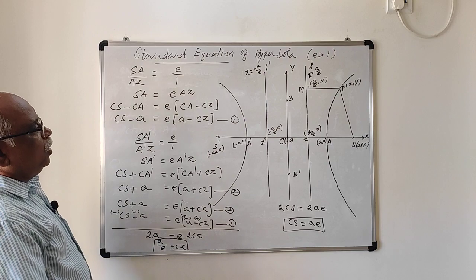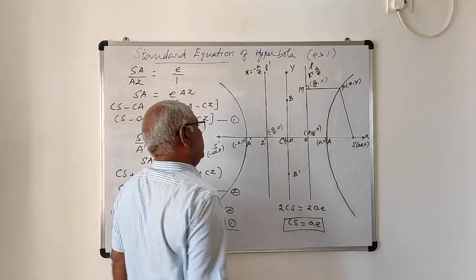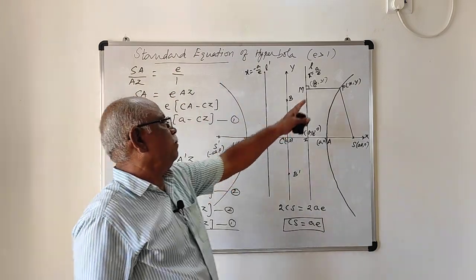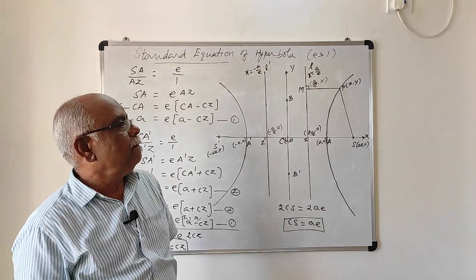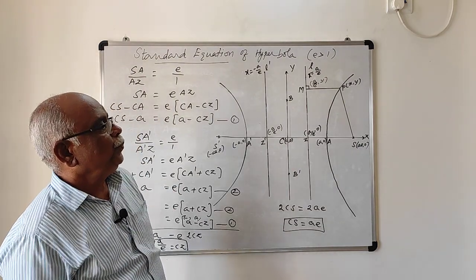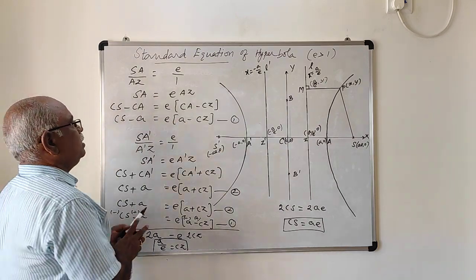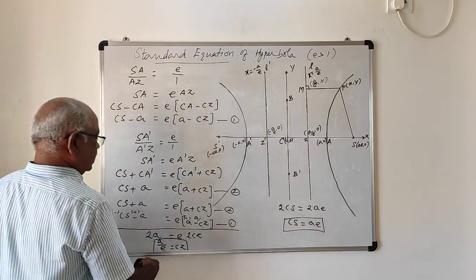Now, let us consider a point P x comma y, any point on the hyperbola, for deriving the standard equation. Like that we determine CS and CZ.